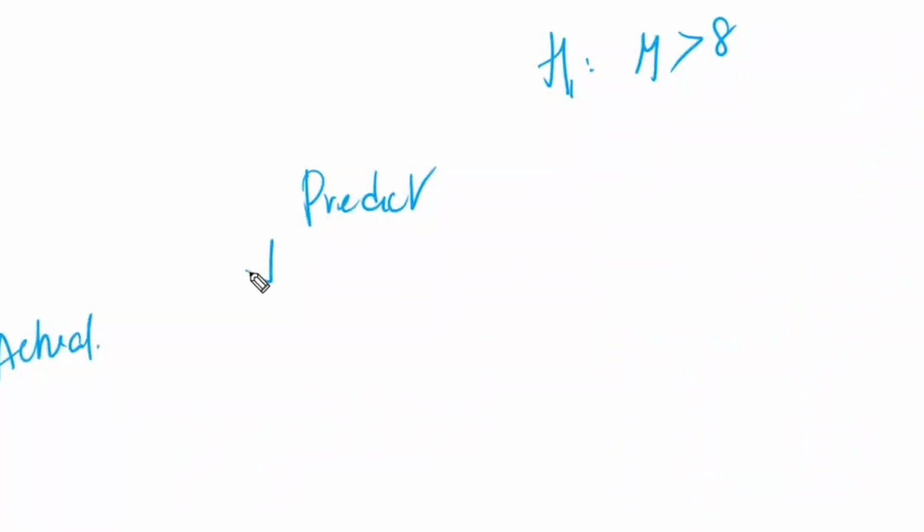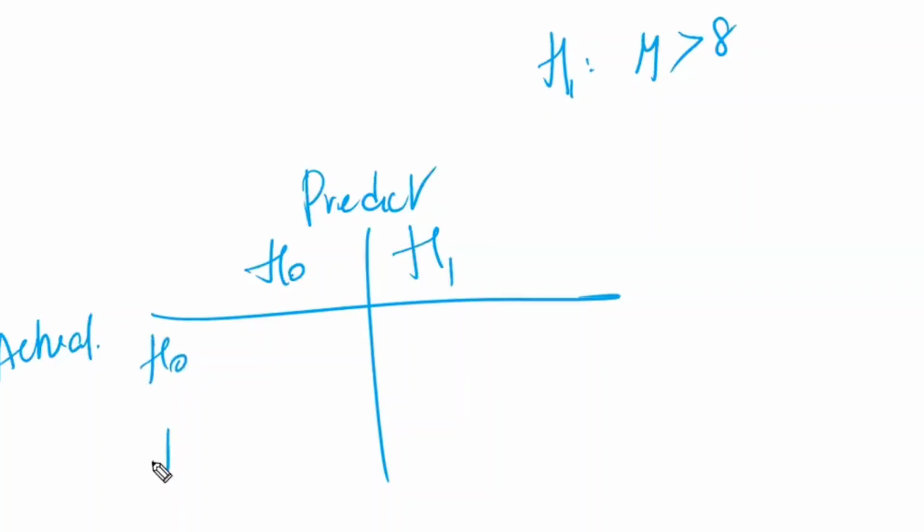H0, H1. H0, H1. Now, what does this cell belong to? What is the actual value? Actual is H0. H0 means it is actually satisfying the less than 8 minutes.